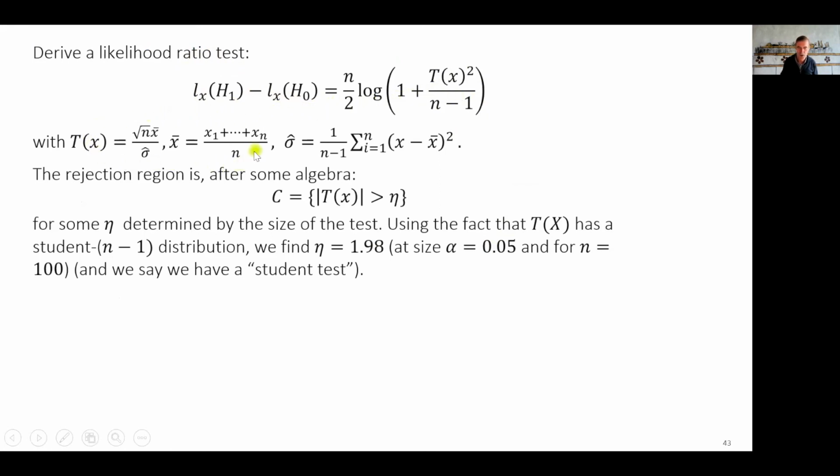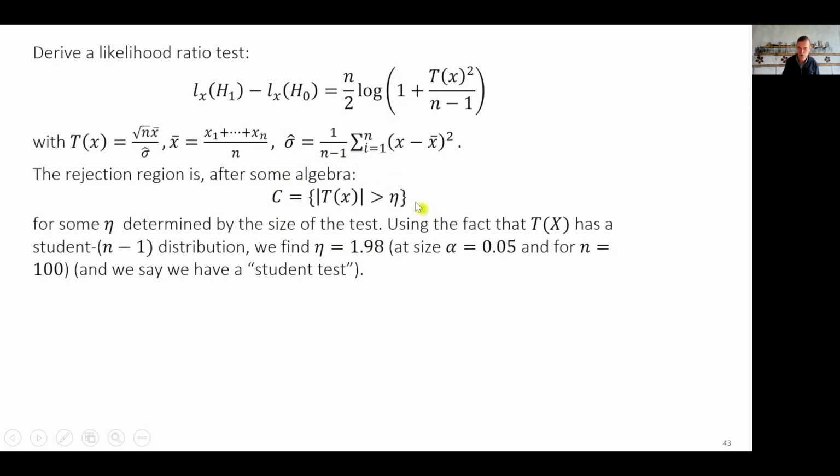The optimum is obtained exactly when the estimation of mu is the sample mean x bar, and when sigma hat is 1 over n minus 1 times the sum of the quadratic errors here. And the rejection region is when the absolute value of the test statistic, which is this rescaled quantity here, is larger than some threshold here.